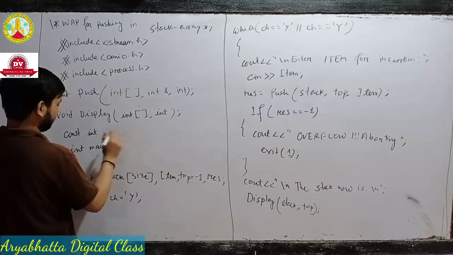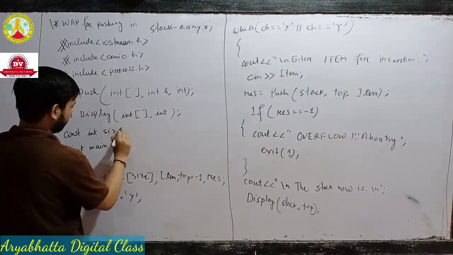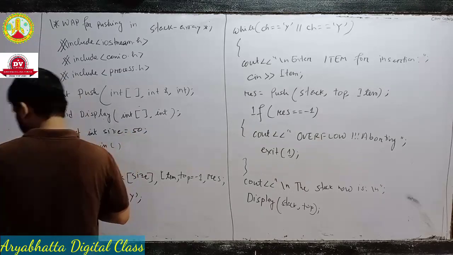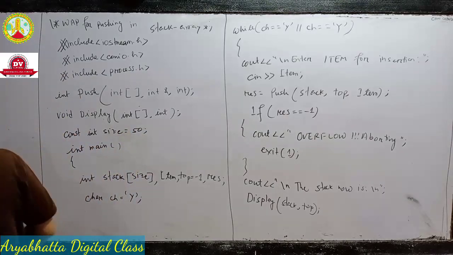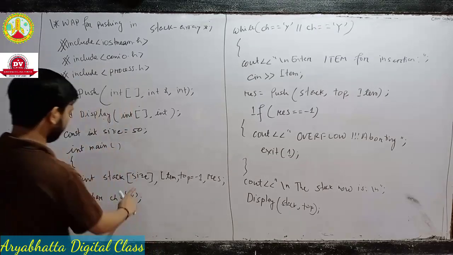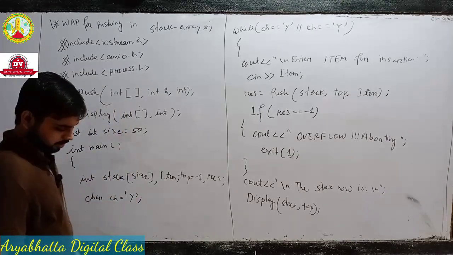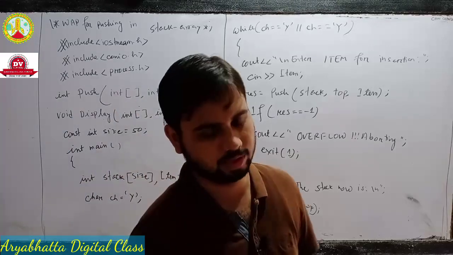Okay, there is something to skip; you write down constant integer size 50. Constant integer size 50 means this variable. We take the maximum number: how many elements do we have to insert? Maximum 50 elements, right?